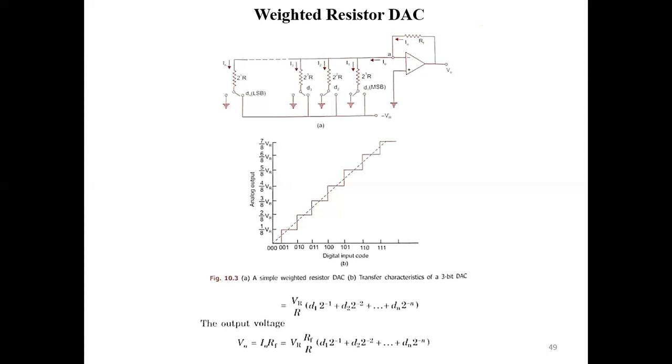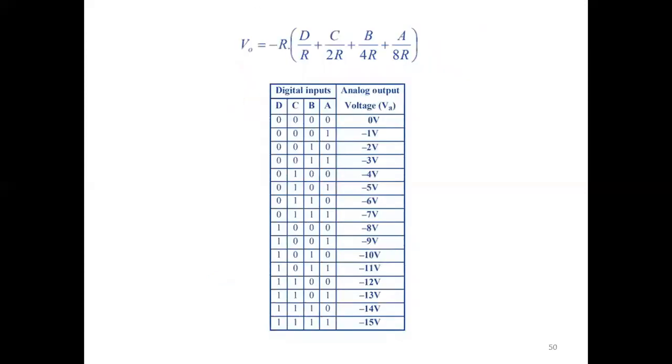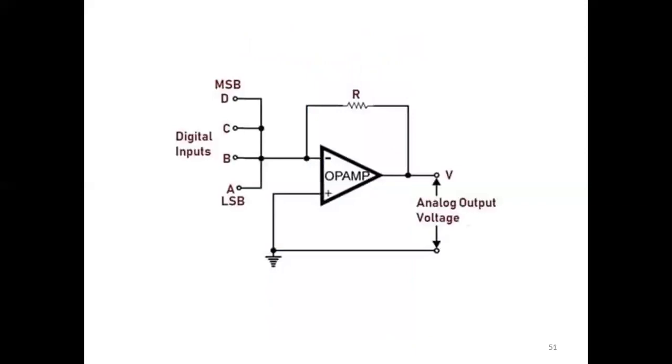In this model, when the number of bits increases, the resistance value increases: 2 power 1, 2 power 2, 2 power 3, 2 power 4, and so on. For this digital input, if it is 0, the analog output will be 0. When it is 1, the output will be minus 15 volt. So this is the basic model of a digital to analog converter.